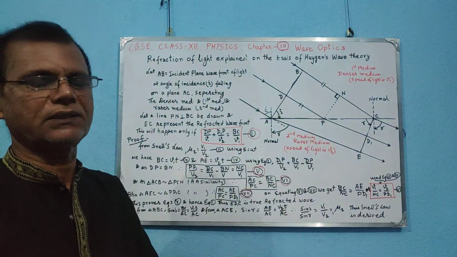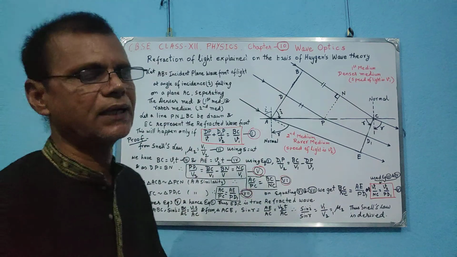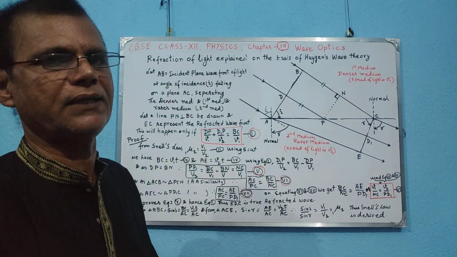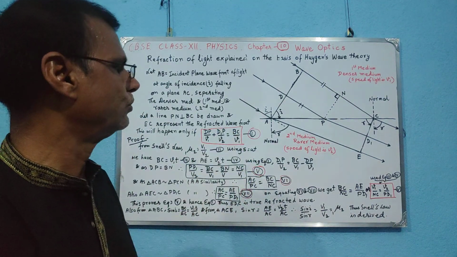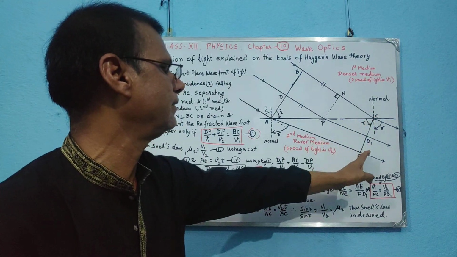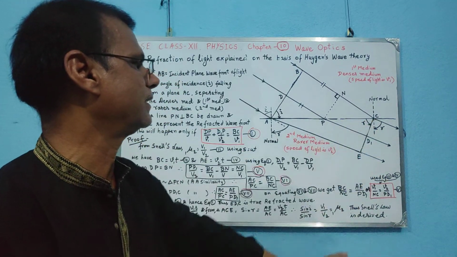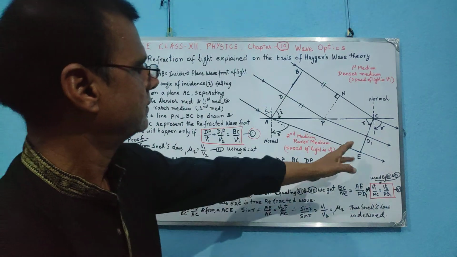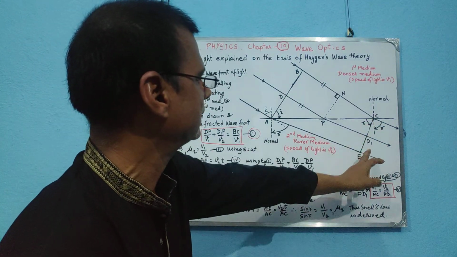We call it equation number 1, and this is the condition which, if we prove it to be true, then we can say that the refracted wavefront is truly represented by the line ED1C.